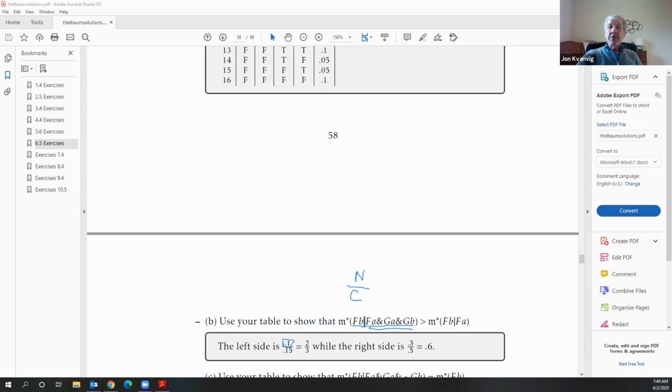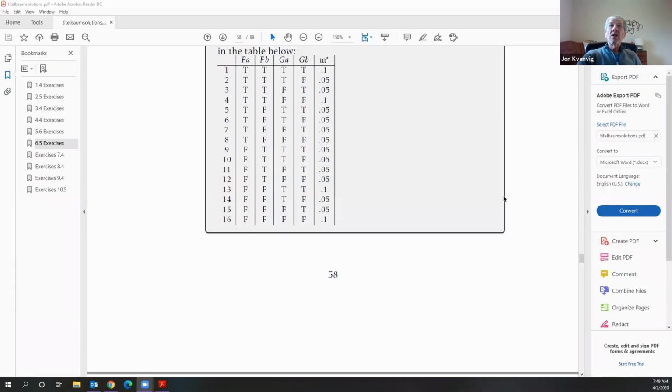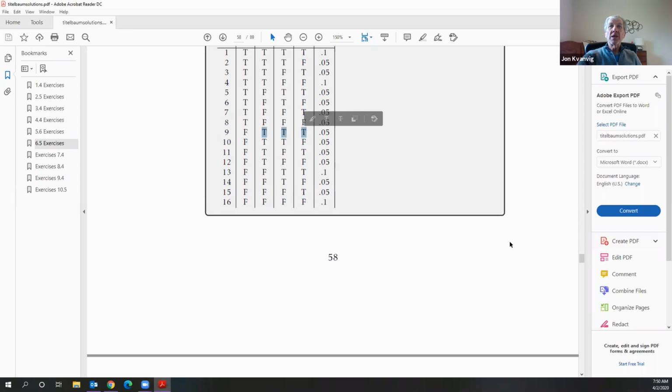What's the probability for the condition itself? Well, there are 2 lines on the truth table that have that. I think it's probably going to be maybe lines 1 and 3. Let me look back up there to make sure. Yes, lines 1 and 9. Notice line 9 is the one that has all 3 of them being true.